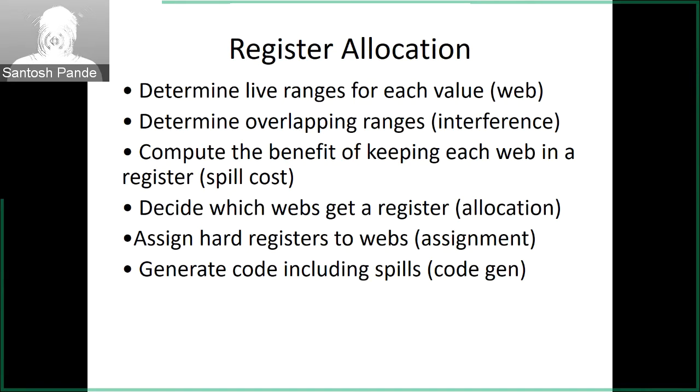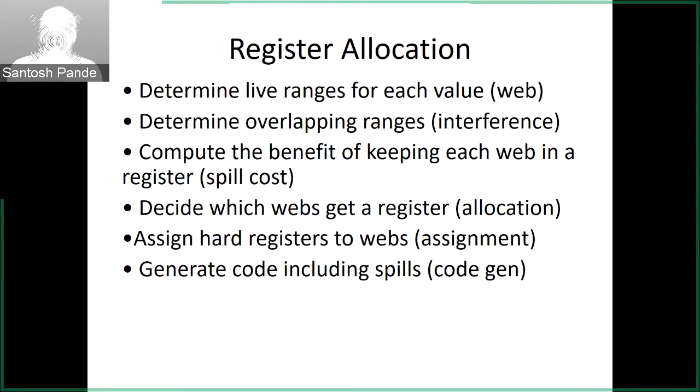Now, if some of these definitions and uses are also inside loops, they obviously execute many more times in terms of number of executions. And so they're appropriately weighed. If they're inside a loop, they're given more weightage. If they're in linear code, not inside a loop, given lesser weightage.